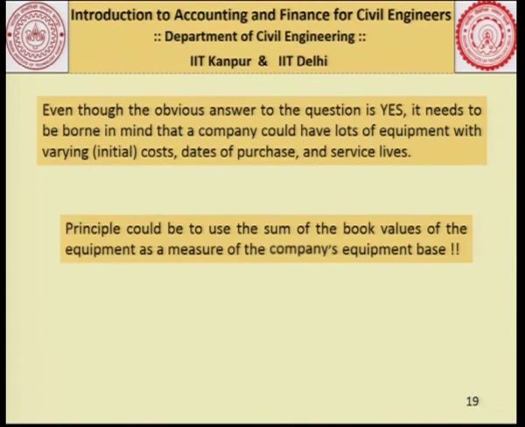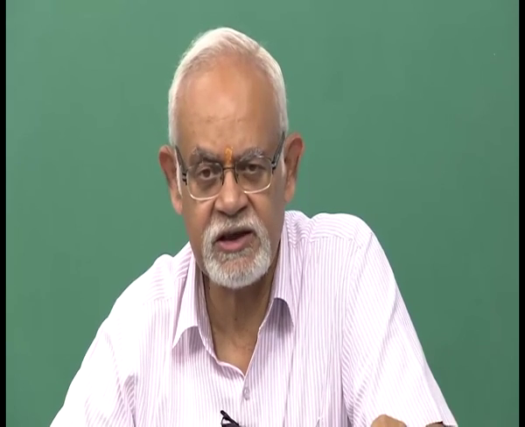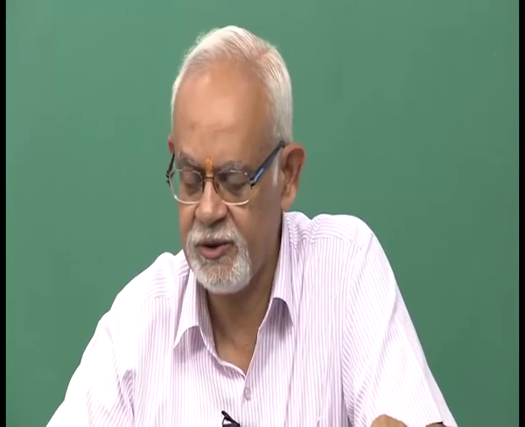The principle could be to use the sum of the book values of the equipment as a measure of the company's equipment base. The term here is book values. That means there is something like a book value of every equipment, and that book value is something which you arrive at by removing all the depreciation that has occurred as far as that equipment is concerned from the initial value of the equipment. And this discussion we will repeat and do with a little more rigor when we discuss this issue of depreciation in a subsequent lecture.